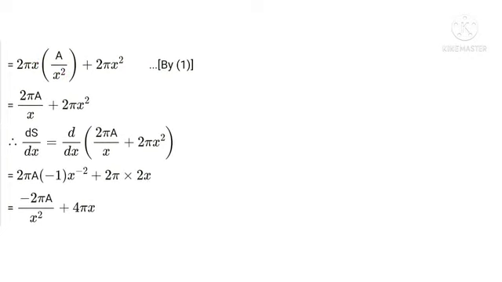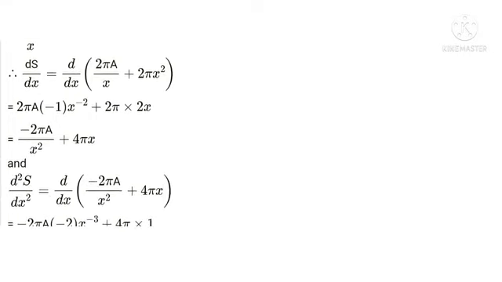Now differentiate. dS by dx is equal to d by dx of 2 pi A upon x plus 2 pi x square. You know the formula for derivative.